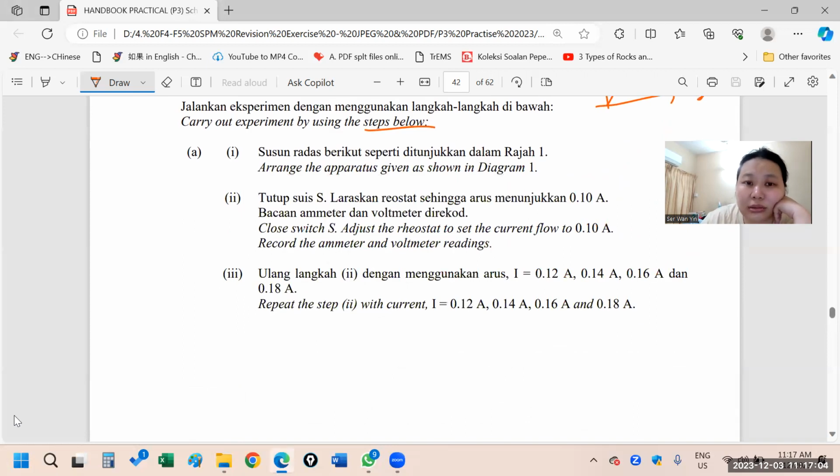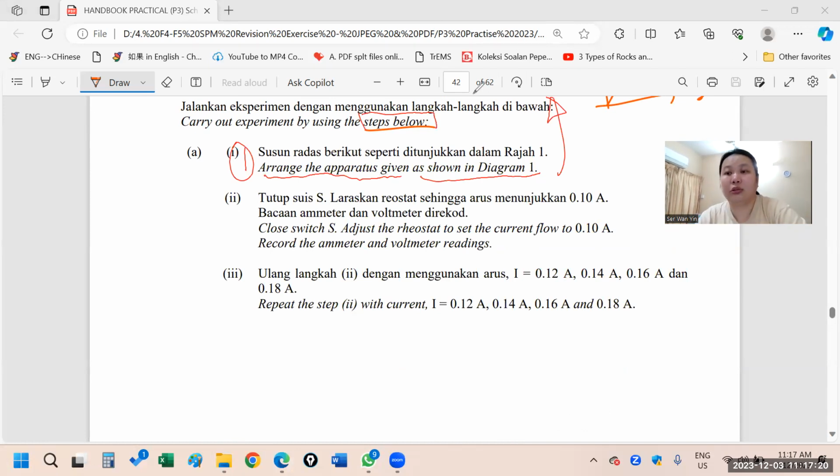How to write the steps? Normally, sentence number 1, you write: arrange the apparatus given as shown in the diagram above. You draw yourself, or you say as shown in the diagram above. Then number 2: close switch, adjust the rheostat to set current flow to 0.10 ampere.